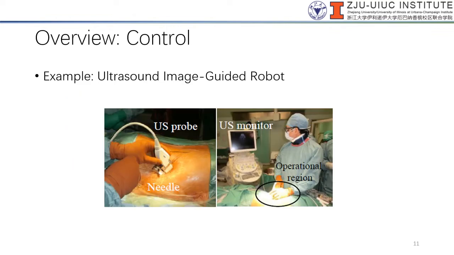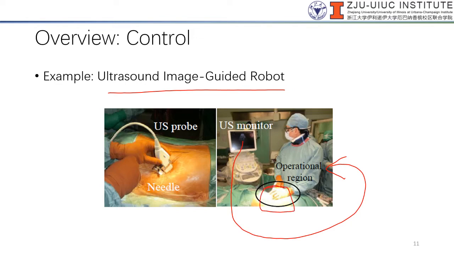One example is an ultrasound image guided robot that takes in information from the ultrasound. Instead of having a human operator, the robot can take in the ultrasound image and position the probe to get the right image and help do a needle insertion to achieve the treatment.